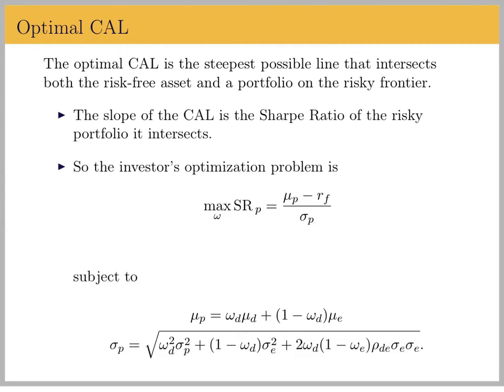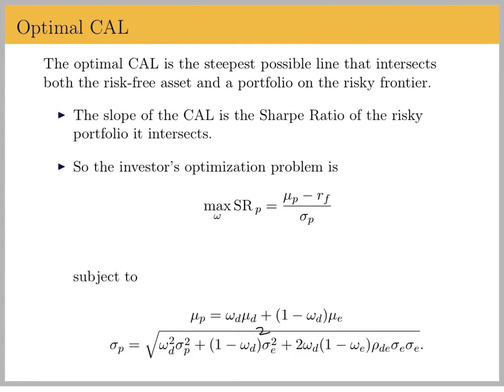Now this maximization problem has two constraints. Mu sub p must be the weighted average of the two component asset returns, and sigma sub p must be the square root of this sum right here, where I've taken into account, this is actually a typo right here. There should be a squared right there. So that in fact, the portfolio volatility is just subject to this same equation we've been looking at all along.